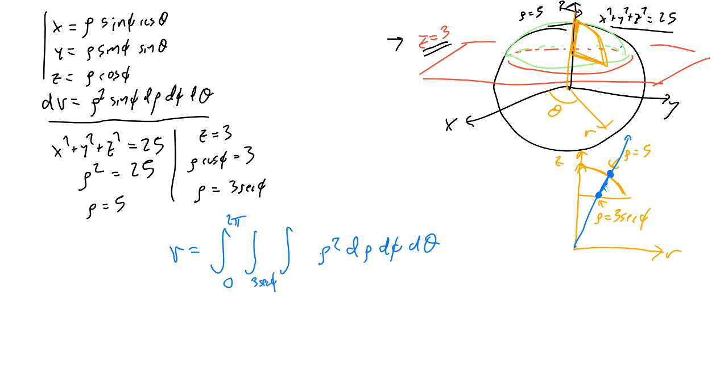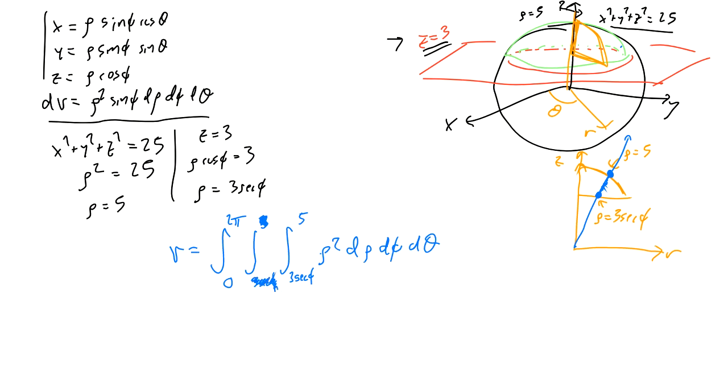I'm going to exit when rho equals 5. I wrote those in the phi place rather than in rho, so I need to move that over. Rho goes from 3 secant phi to 5.